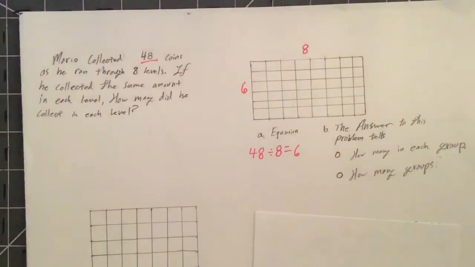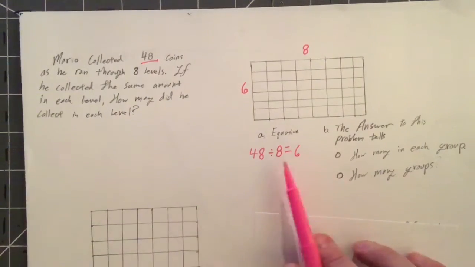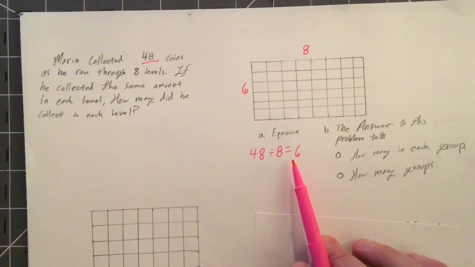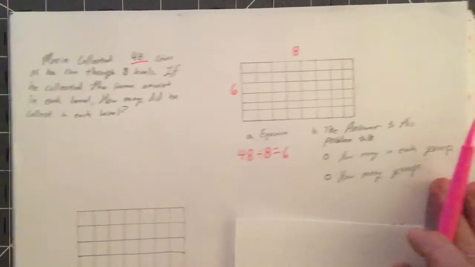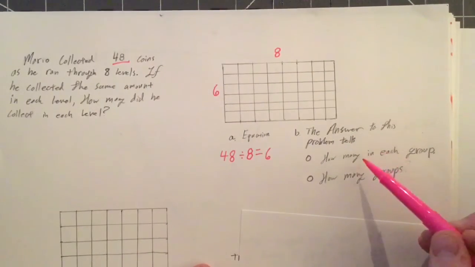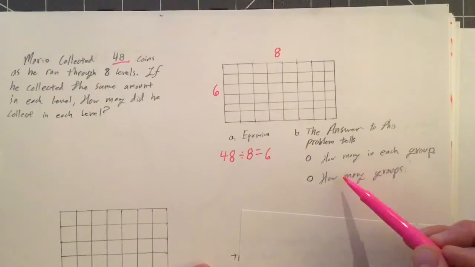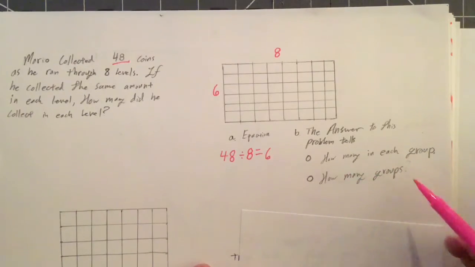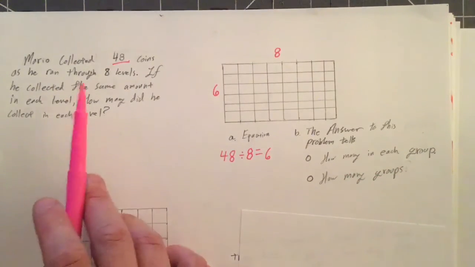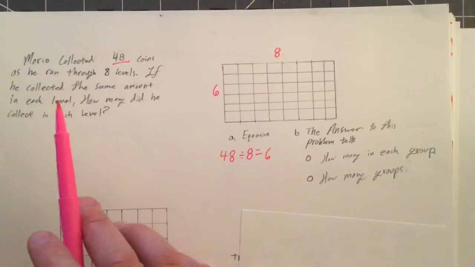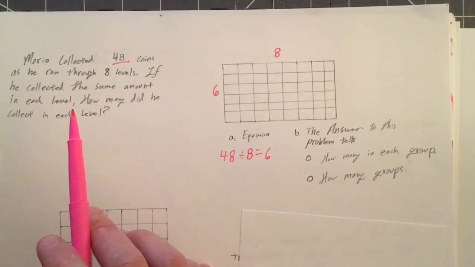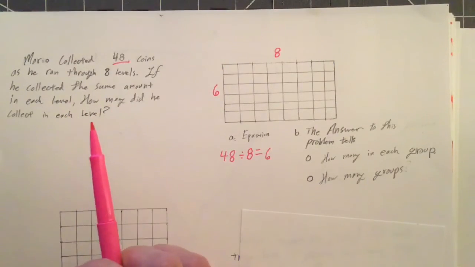We now need to write an equation that represents this problem. We did that. We need to fill in the bubbles, to show if this answer tells if this is splitting items up into each group or if it's asking for how many groups. So let's look at the question again. Mario collected 48 coins as he ran through 8 levels. If he collected the same amount in each level, how many did he collect in each level?